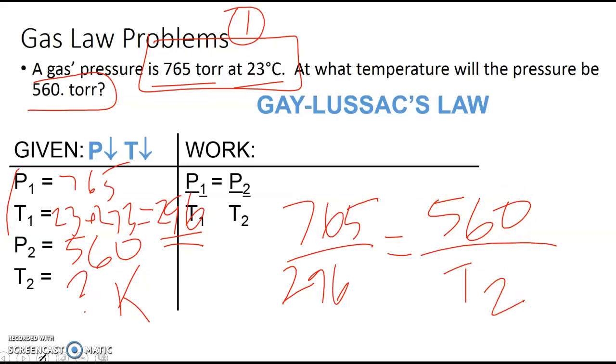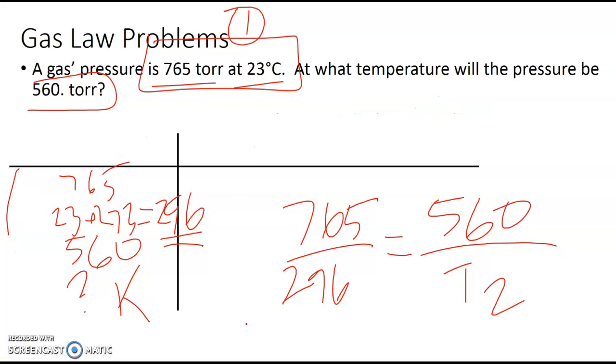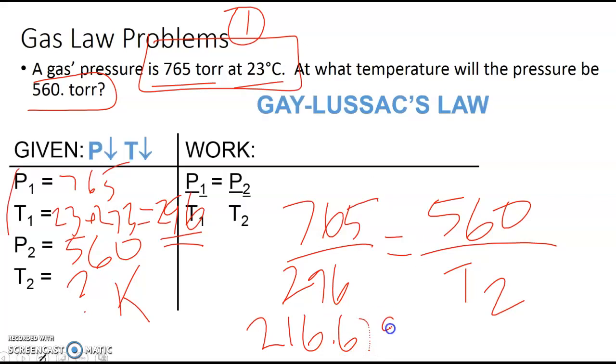We don't know what T2 is, but we do know it's going to be Kelvin. We can do a cross multiplication here, and the answer we get is 216.679, I think. Whoops, that's kind of crazy.